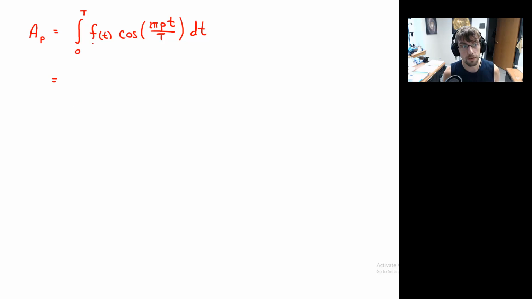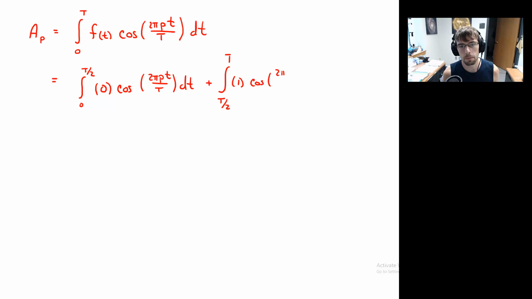We have defined f of t from 0 to T over 2 as being a value of 0. I'll put cosine of 2 pi p t over T, so I'm going to write this whole rigmarole out for completeness, dt. And then added to that, we'll have from T over 2 to T of 1 times cosine of 2 pi p t divided by T, dt.